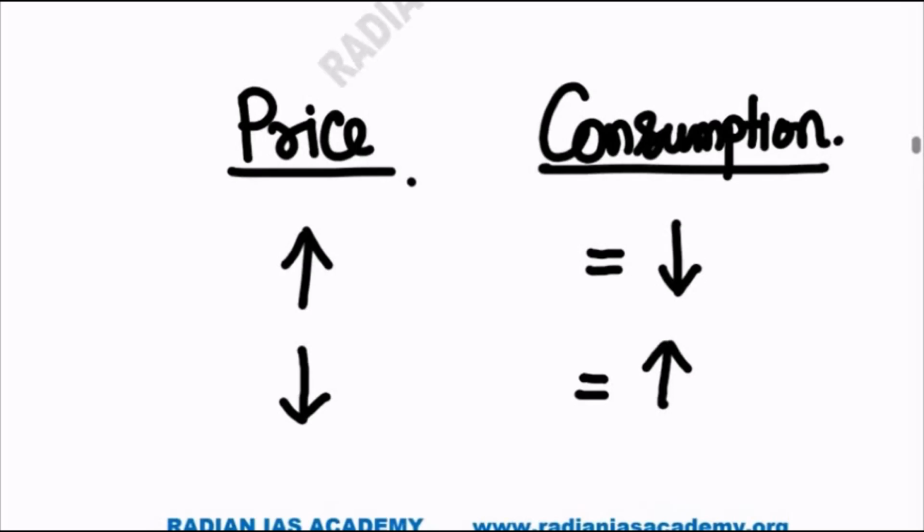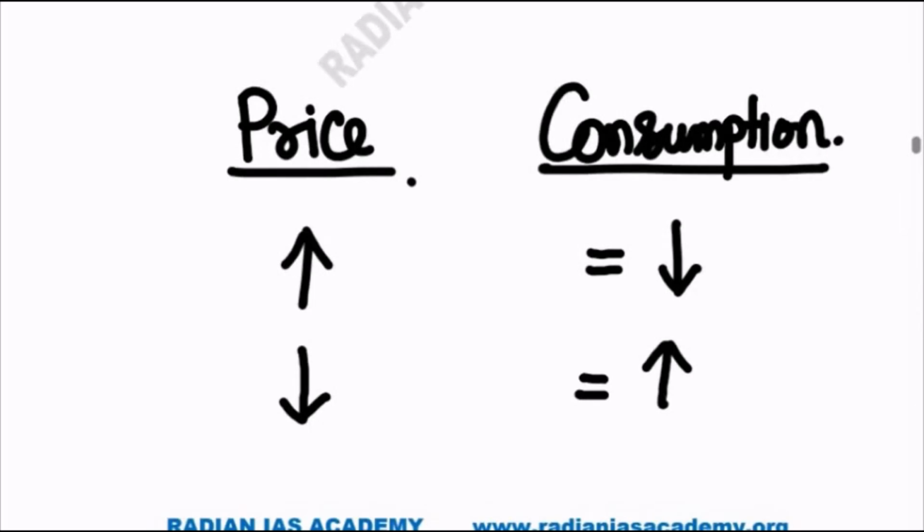Suppose the price of petrol increases, then we use the vehicle less than before. Similarly, when the price of petrol decreases, we may go to some more places in bike or in car.